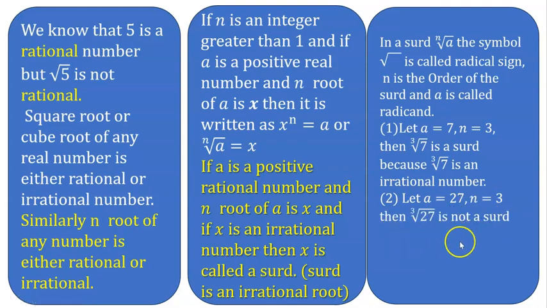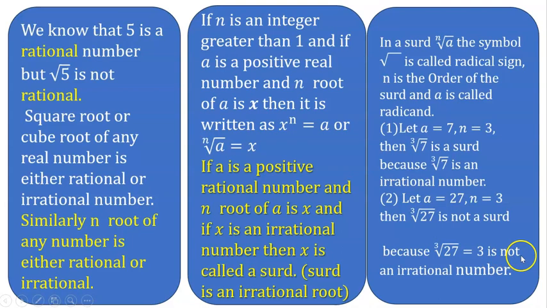Then cubic root of 27 is not a surd because the cubic root of 27 is equal to 3 and 3 is a rational number. It is not irrational and hence cubic root of 27 is not a surd. Okay, here the cubic root of 27 is 3, not an irrational number. Therefore, it is not a surd.